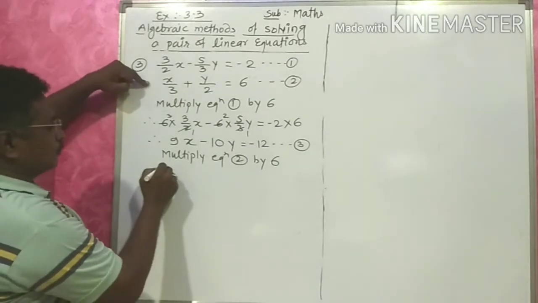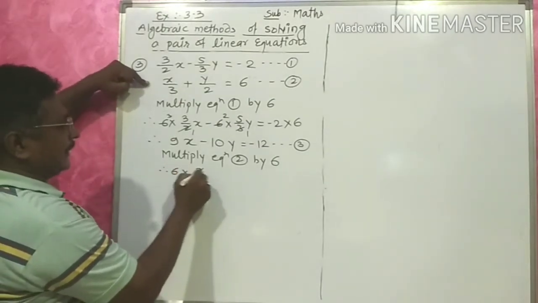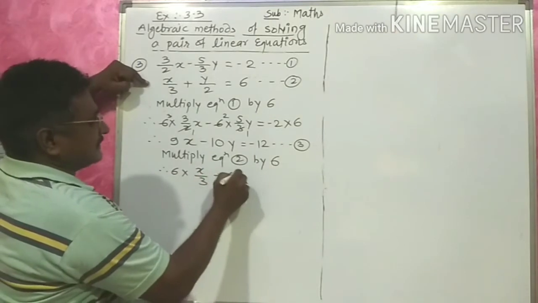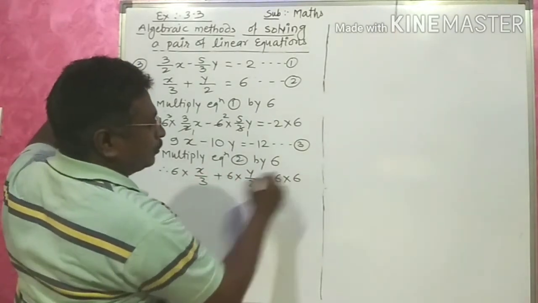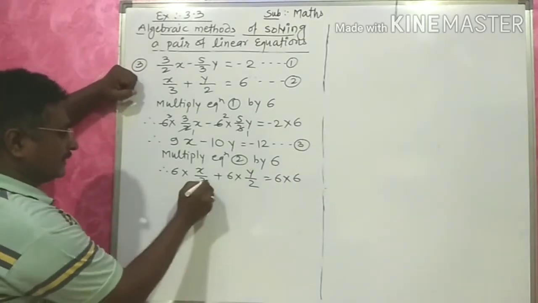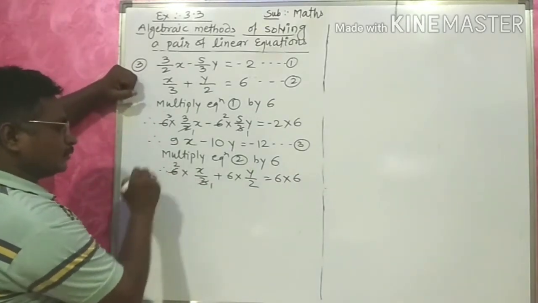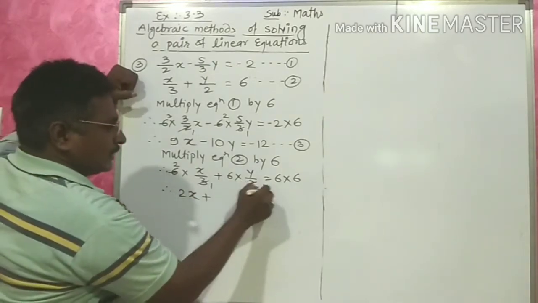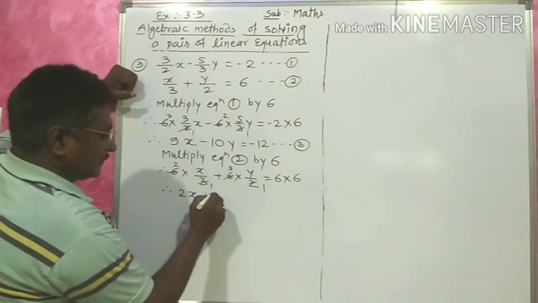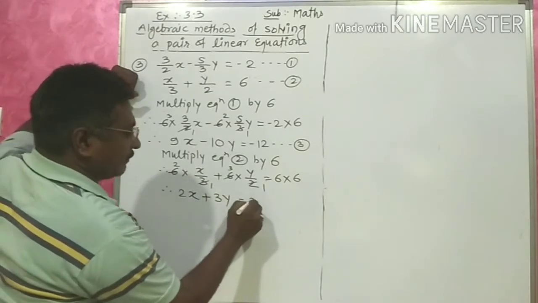So what will we get? Equation 2, therefore 6 into x by 3 plus 6 into y by 2 equals to 6 into 6. So what will we get? 3 1s are 3, 3 2s are 6. So 2x plus 2 1s are 2, 2 3s are 6, 3y equals to 36.